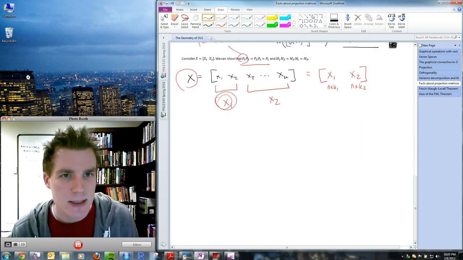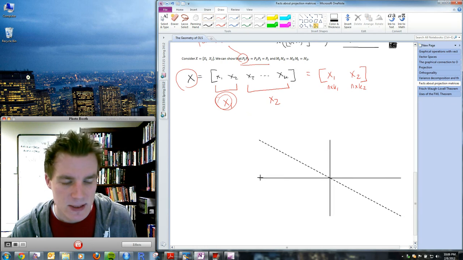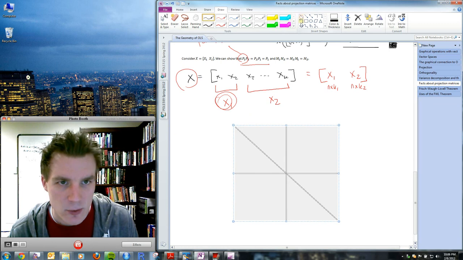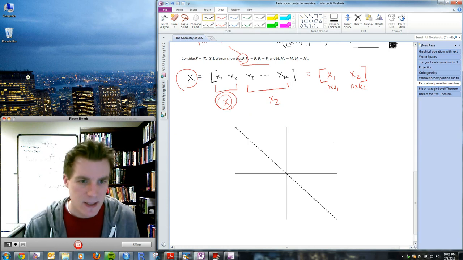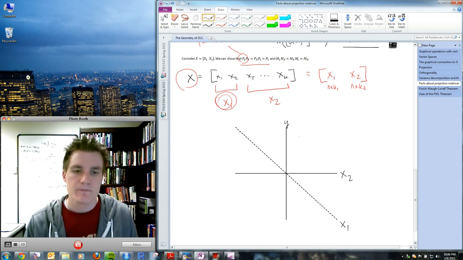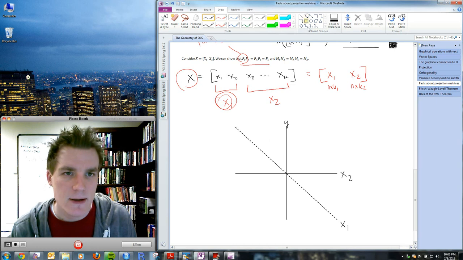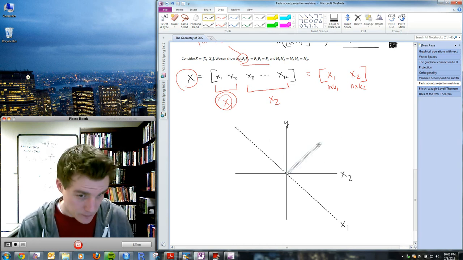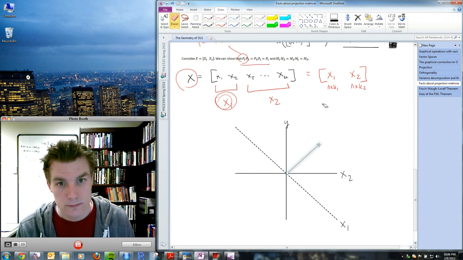So what I'm going to do is take a three-dimensional space like this, and I'm going to label some stuff here. I'm going to say this is X1, X2, and y. Okay, so y is a vector that juts out into this space.